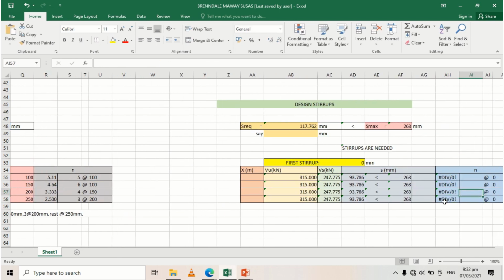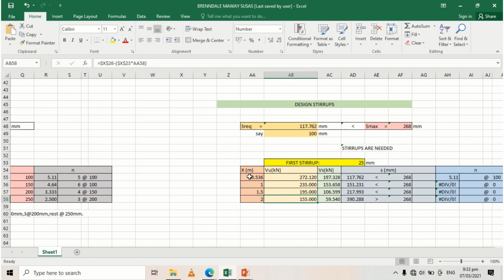For 2001 naman, ito yung S required natin, 117.762, so say 100 pa rin. And then less than man siya ng S-max, so stirrups are needed. So that would be from the critical section, effective depth natin 0.536. Same lang, 1.5 pa rin dito.